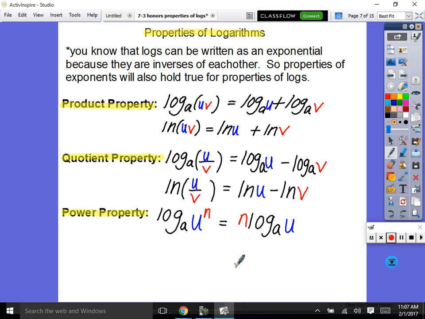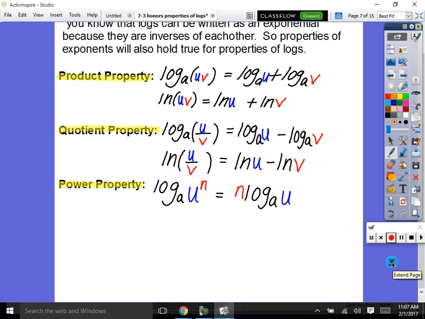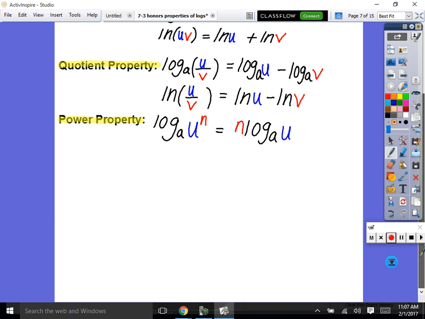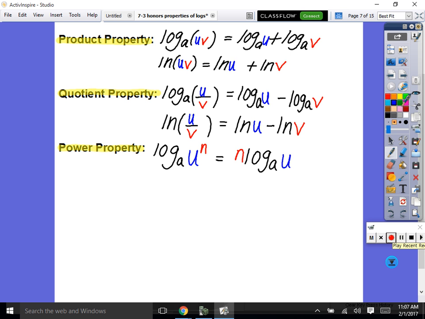Going the other way, we're taking this and raising a power to a power. The whole point of learning this is so we can go the other way, taking this n and putting it up here as an exponent. That's only if it's multiplied in front of the log. Everybody good? Yes.